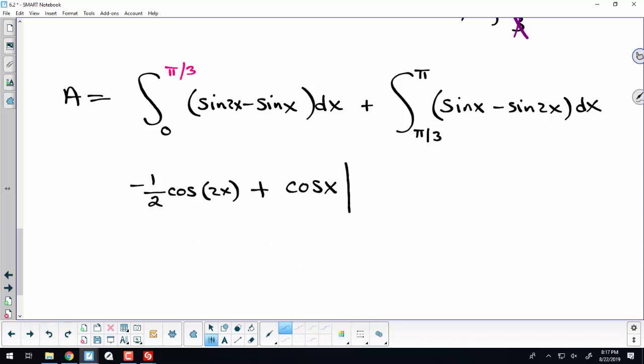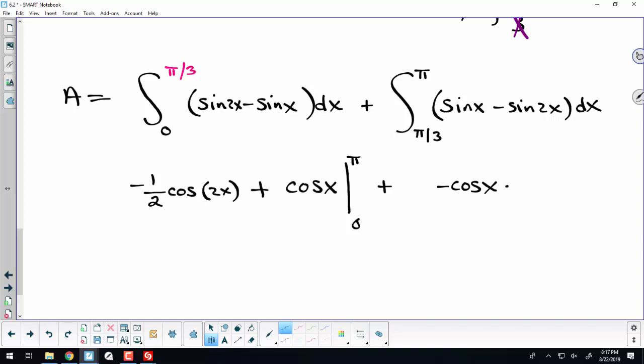Okay, so those two are evaluated from 0 to pi over 3. It didn't say evaluate this, but I just wanted to talk about this. So here, derivative of sine minus cosine, and again, the derivative of minus sine 2x, that's going to be minus sine 2x.